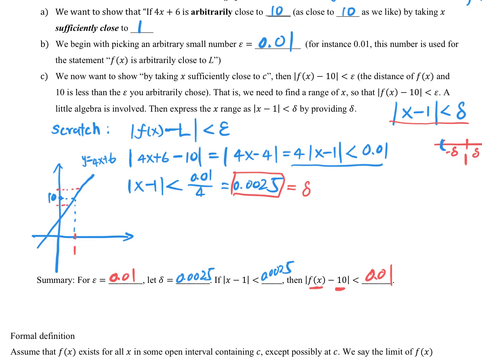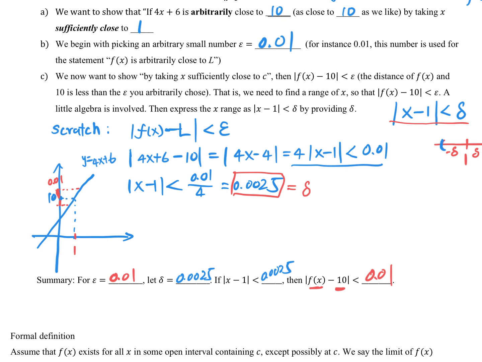It's 0.01, so this distance is 0.01. You want me to show you that as long as x is close enough to 1, the y value of the function will be within 0.01 of 10.